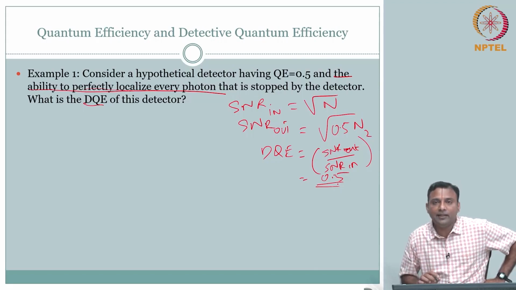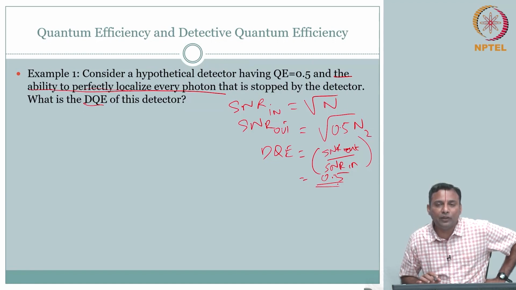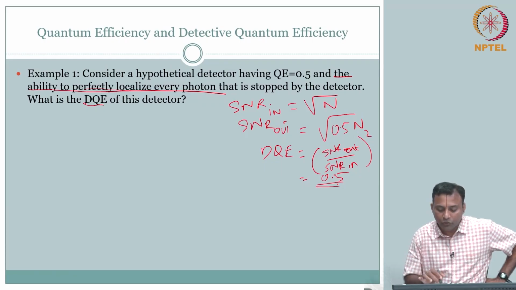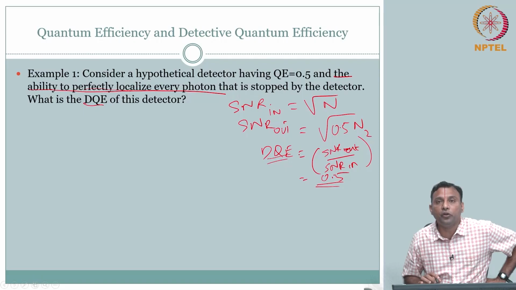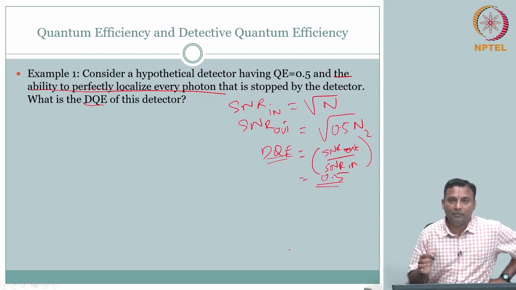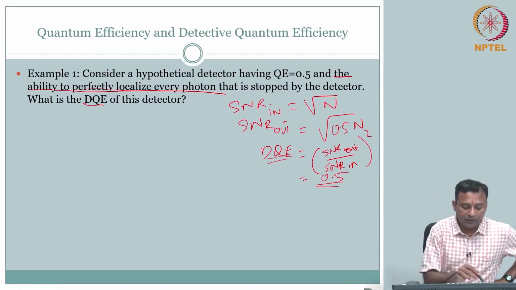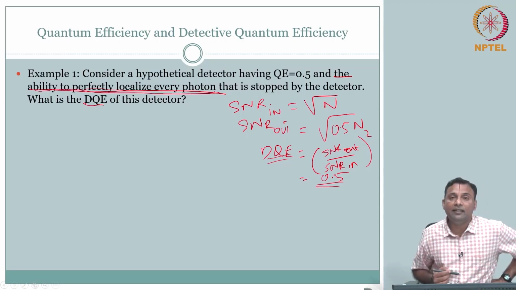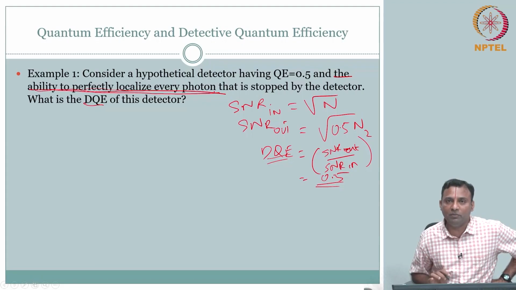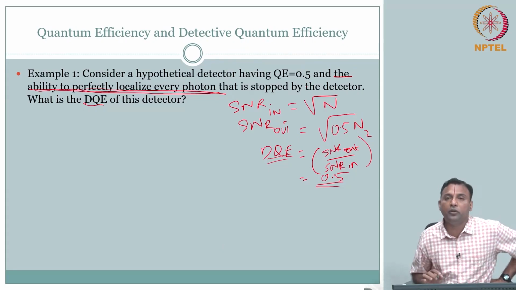So what does this say? In this hypothetical scenario, your DQE is equal to your QE, meaning there is no further degradation. This is the key. When we rule out the other possibilities, other variations, noise, then your DQE equals QE.